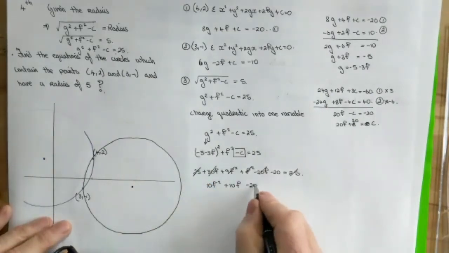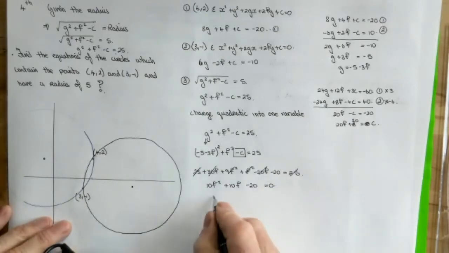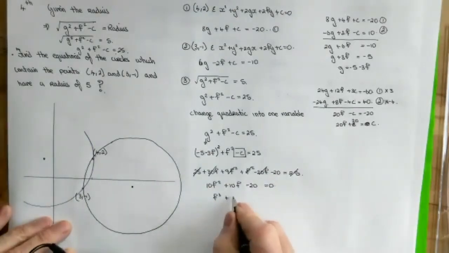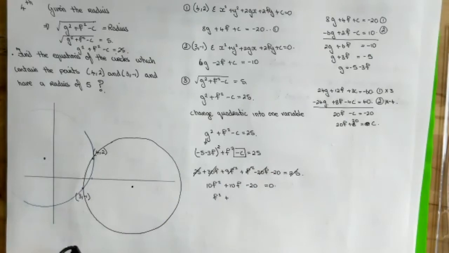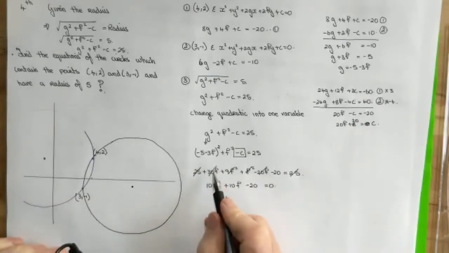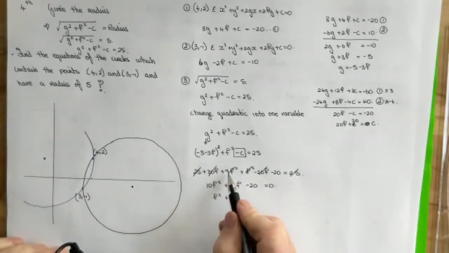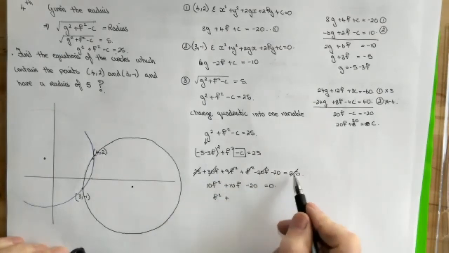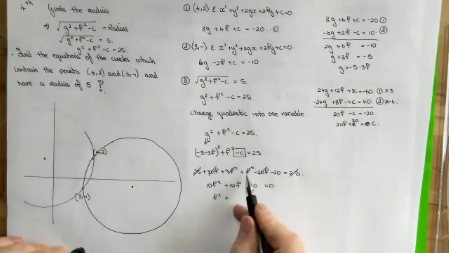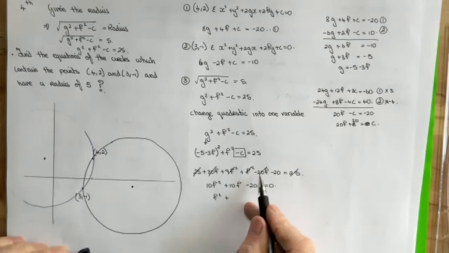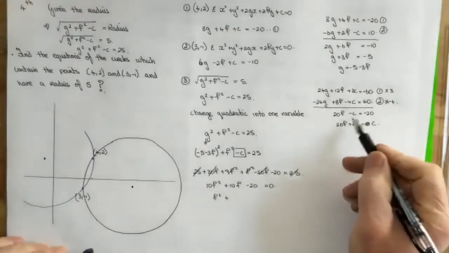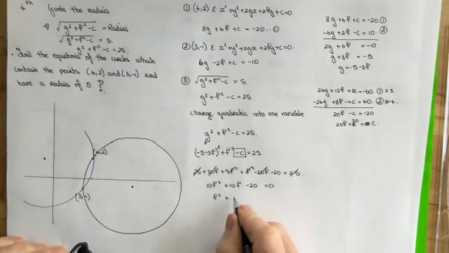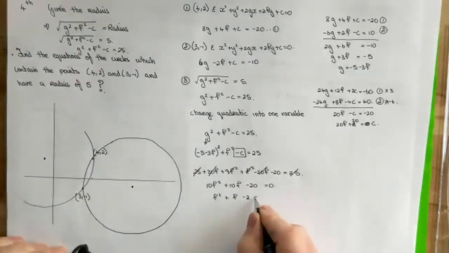Minus 20 is equal to 0. This is wrong, 25, 30, 9f squared plus f squared minus 20f minus 20 is equal to 25. I get f squared plus f minus 2 equal to 0.